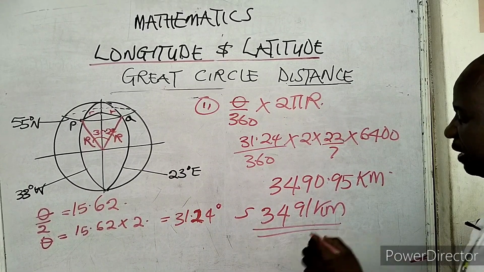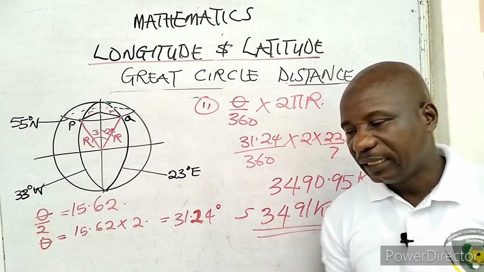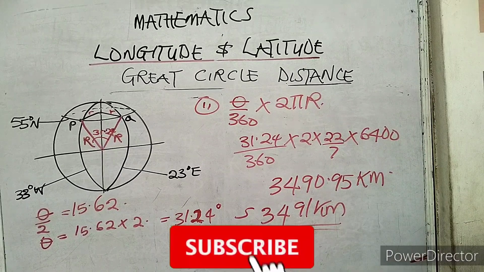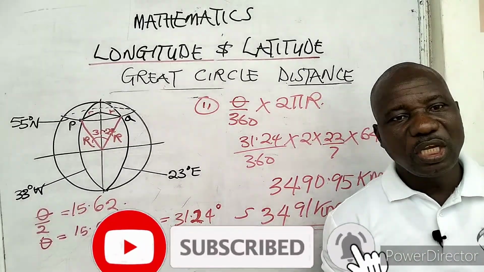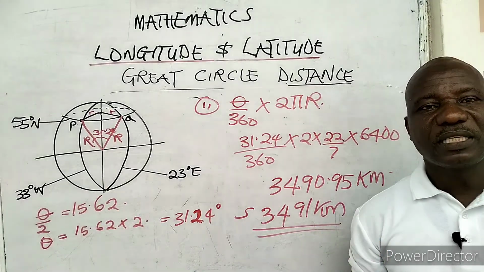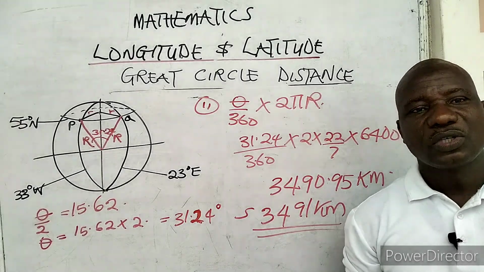So the distance between P and Q along the great circle is 3491 kilometers.